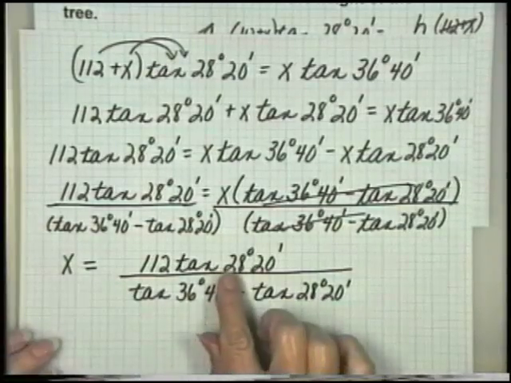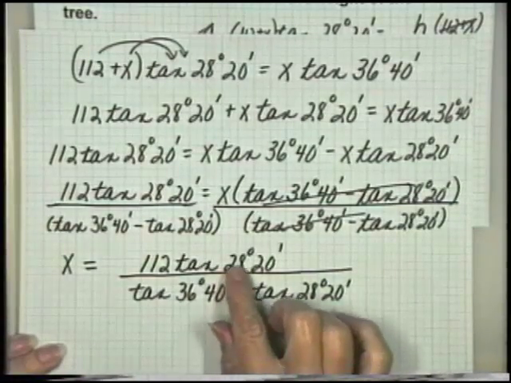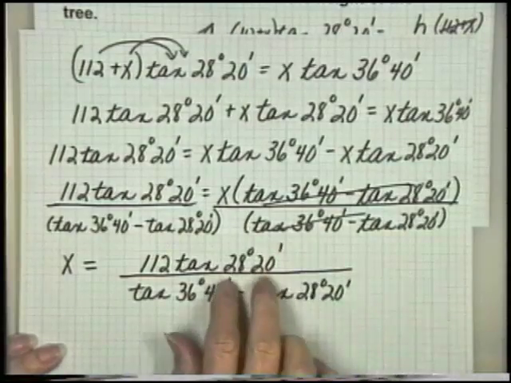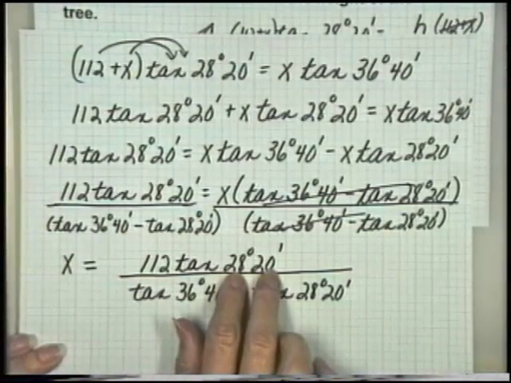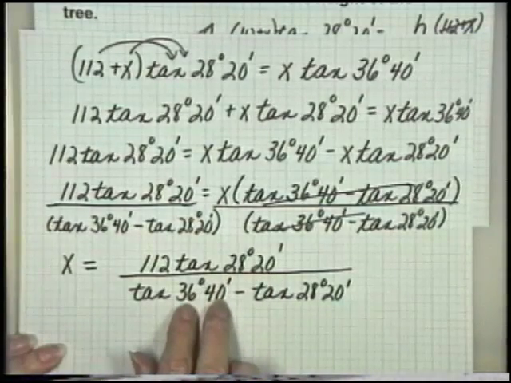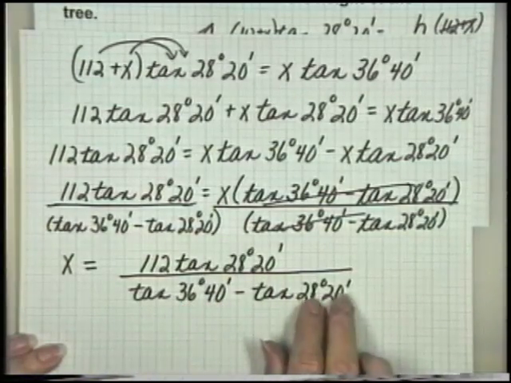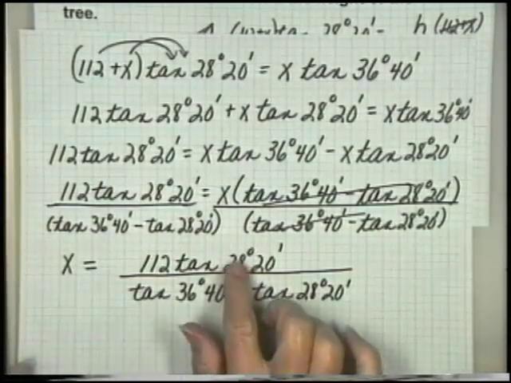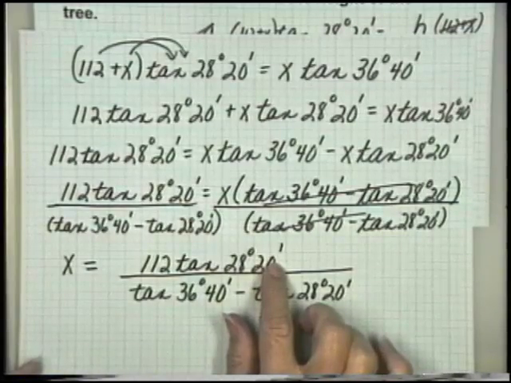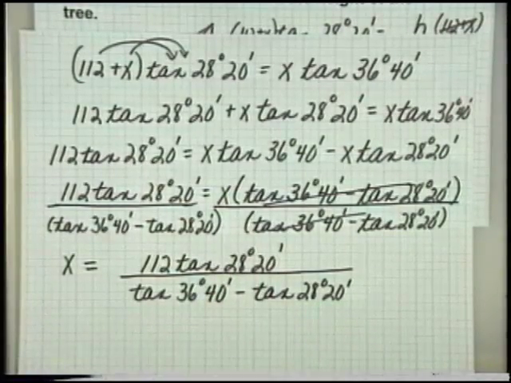The only difference is that, and I would caution you here, remember that because this is 28 degrees 20 minutes, you will have to convert that to decimal degrees. And of course this will have to be converted to decimal degrees, and of course that will have to be converted to decimal degrees. So that would be the only difference when you put this in your calculator.